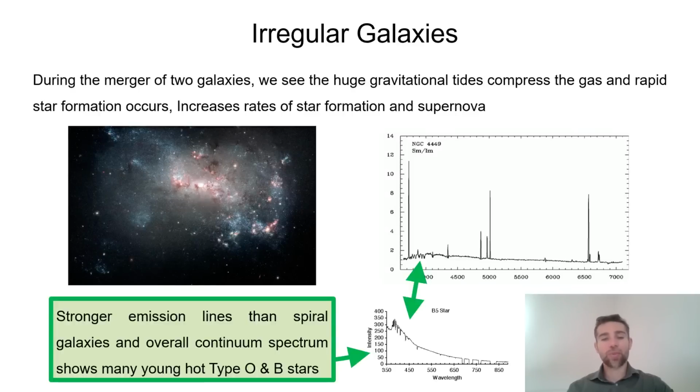Now, as we mentioned before, if you look at the spectrum of one, then we get very strong emission lines, and this is down to the large amounts of ionized gas that comes about due to the star formation process. They appear very blue because they have a lot of these really massive young hot type O and B stars, which are blue. So we see the whole spectrum from the galaxy appear blue.